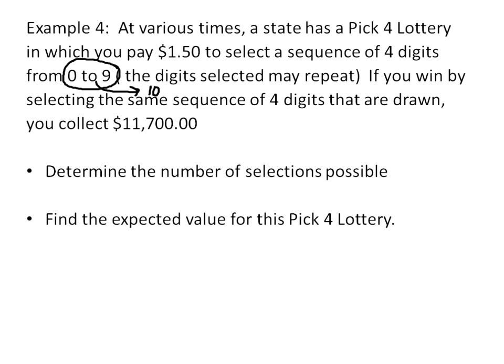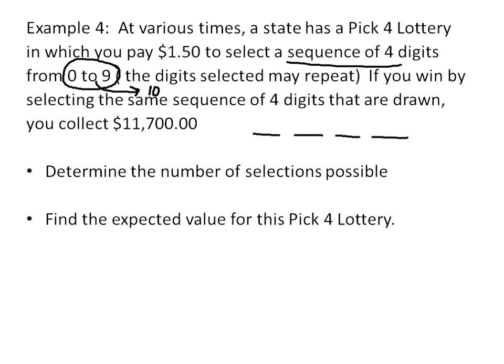If you're counting from 0 to 9, that's 10. All right, so we have a sequence of 4 digits. So we have 1, 2, 3, 4. Those are our 4 digits. And we can select the numbers from 0 to 9.